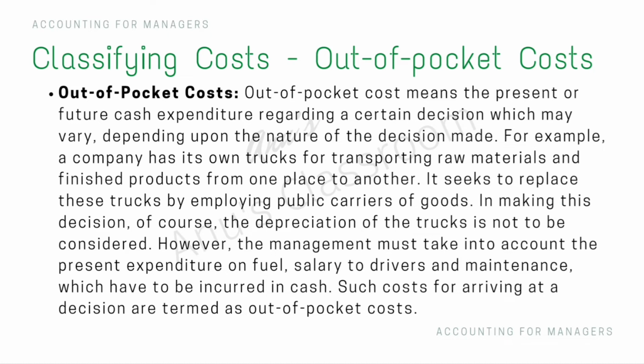And with all these expenses, how much time will it take for me to get back my invested amount, and get some benefit out of it? All these things we have to consider before, as a business, deciding to buy a car instead of renting an auto or renting a third party courier service, right? So that is the out of pocket cost. These costs which we consider for arriving at decisions are called out of pocket costs. I hope you understood the concept behind it.